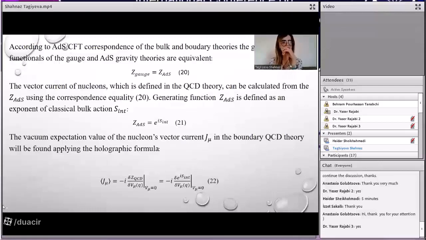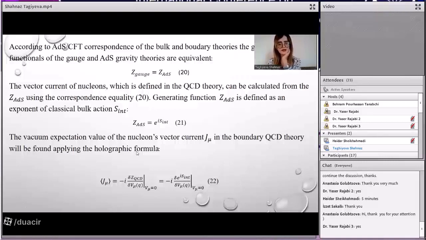As known, according to the AdS/CFT correspondence of the bulk and boundary theories, the generating functionals of the gauge and AdS gravity theories are equivalent, and now the vector current of nucleons, which is defined in QCD theory, can be calculated using this correspondence. The generating functional of AdS is defined as an exponent of the classical action, as expression 21.